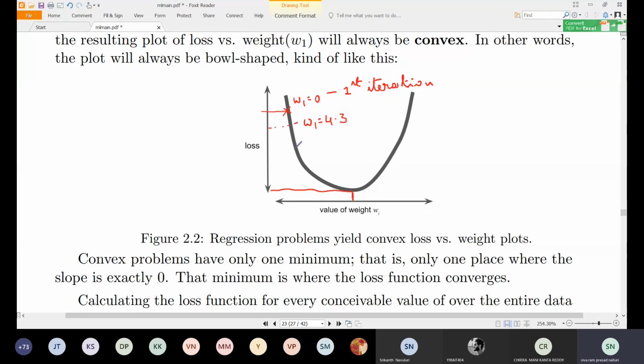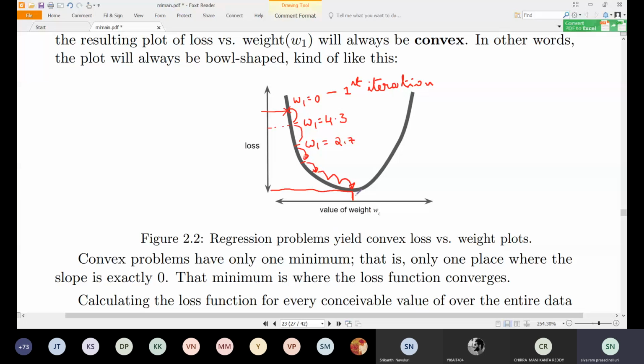Once again you update the weight, say W1 is equal to 2.7. Like that, you keep on updating. So from here to here, third iteration, fourth iteration, and finally you will end up with the least possible loss.